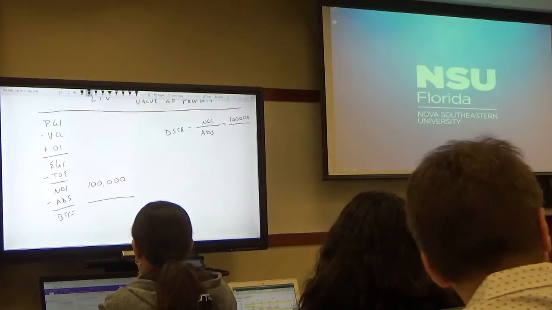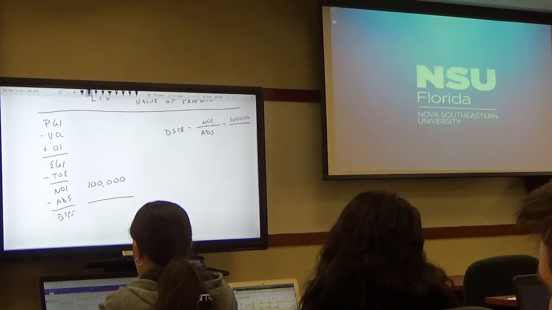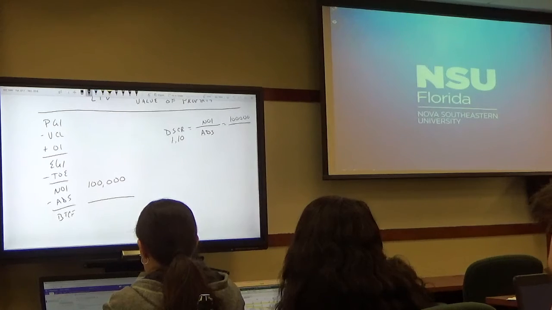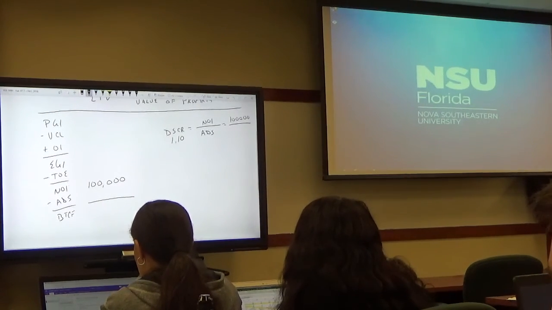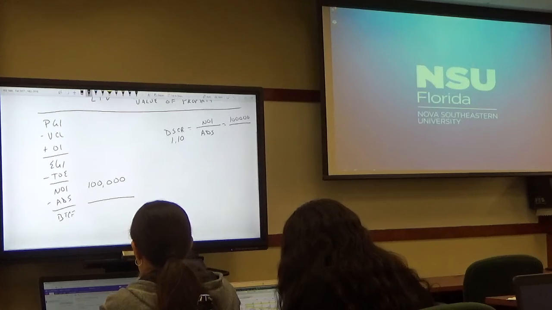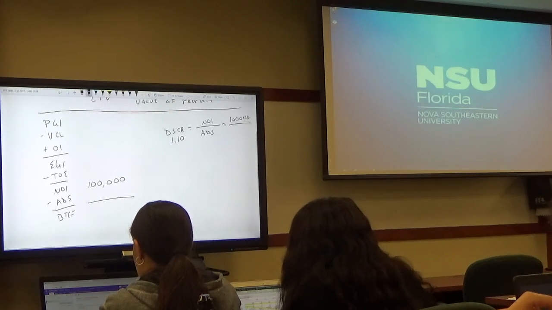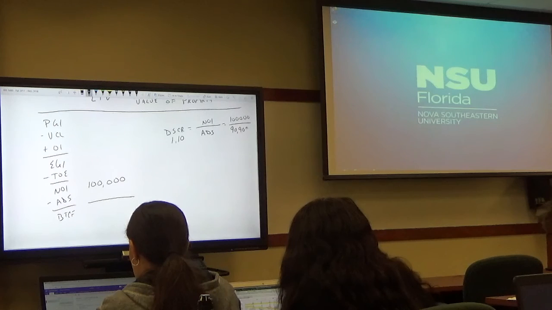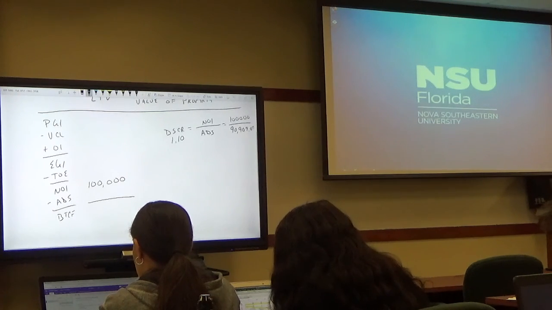All right, so let me show you what I mean by that. If the debt service coverage ratio was a 1.10, that means they have a 10% cushion. What I mean by that is if you take the $100,000 and work the math, you divide the $100,000 by 1.1, you get a maximum allowable debt service of $90,909.09.